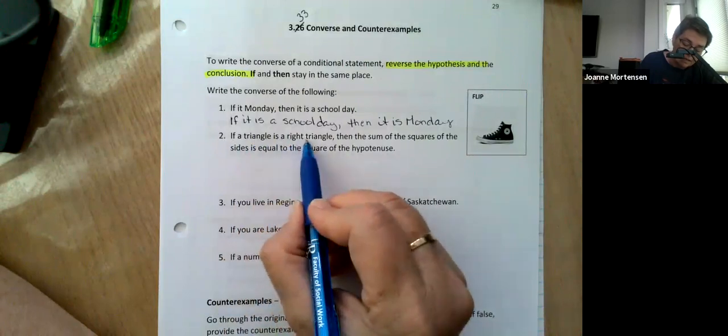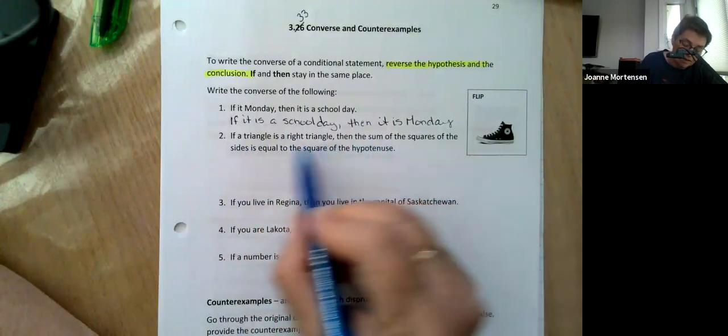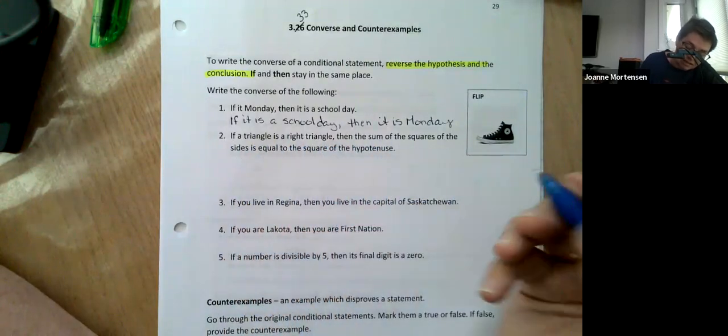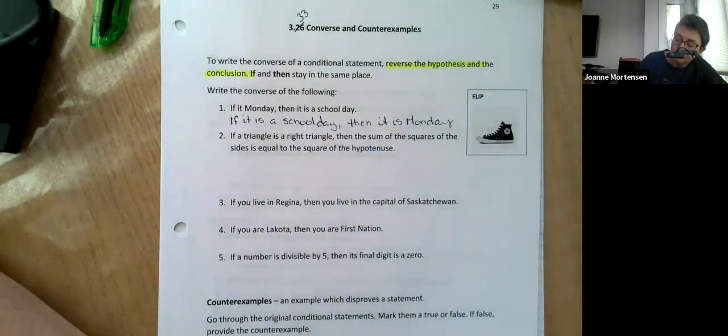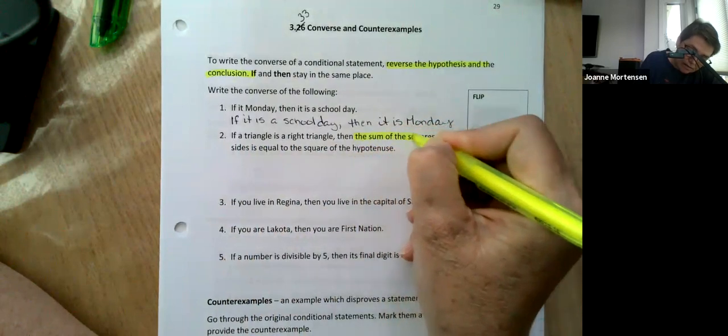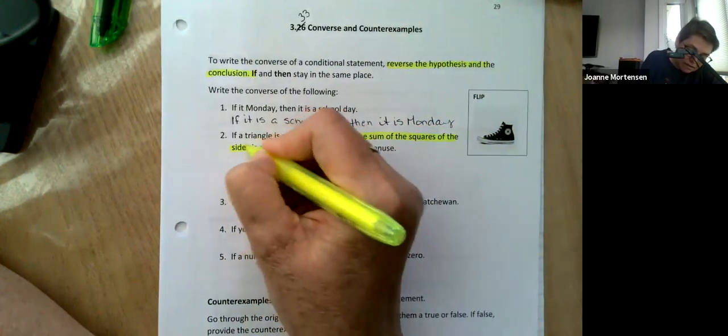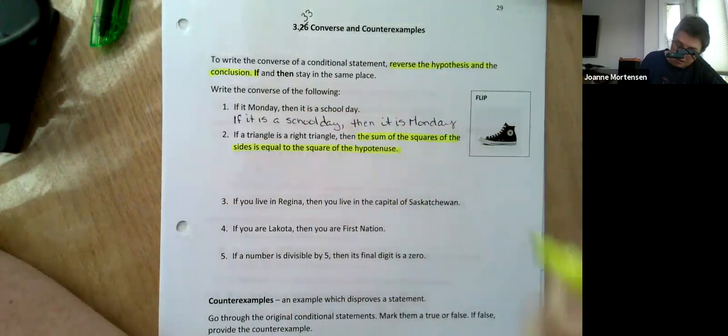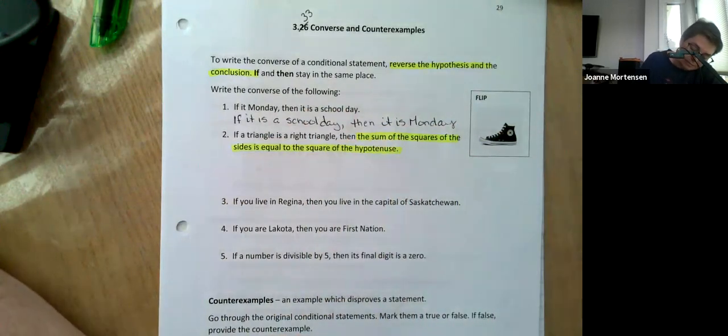If a triangle is a right triangle, then the sum of the squares of the sides... Oh, why did I make such a long one? So my conclusion, which is this part, needs to be at the front.